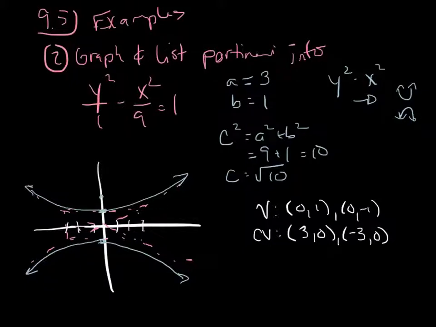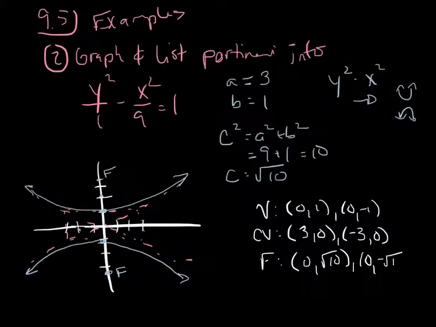So, 1, 2, let's put it here actually. That's your first foci. 2, and a little bit over 3. There's your other foci. So let's talk about where those foci are. They're on the vertical axis, so it's 0, root 10, and 0, negative root 10.